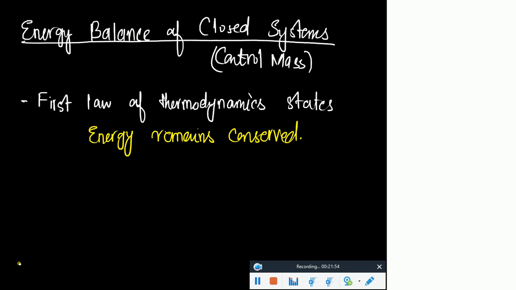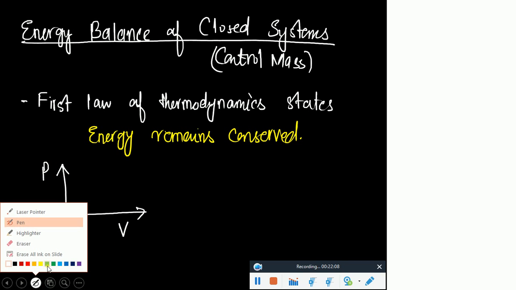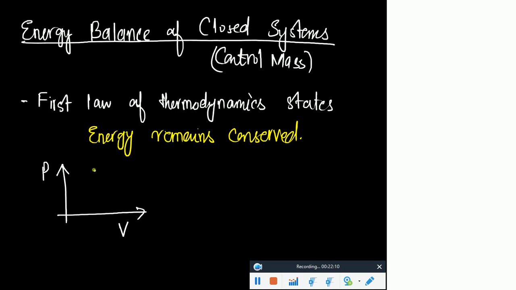But before that, let me go back to the definition where we defined work. Do you remember that once we defined work, we have this PV diagram, and I talked about the quasi-equilibrium process. I said that these are the two states, 1 and 2, and this process goes like this.